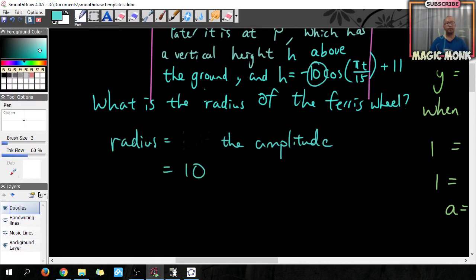So that's the radius of your Ferris wheel. Let me just check the answer for that. What is the radius? Exercise 4.2, question 12a. Radius is 10. Hooray, we got it.